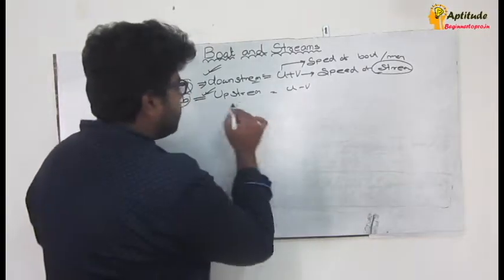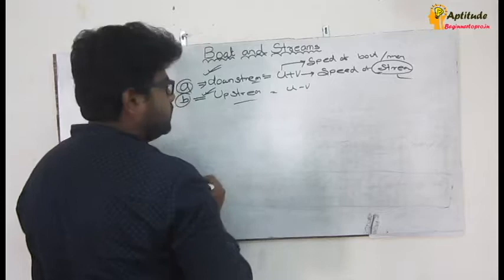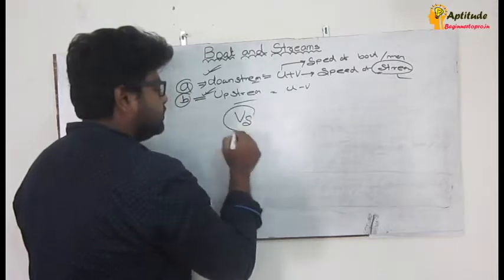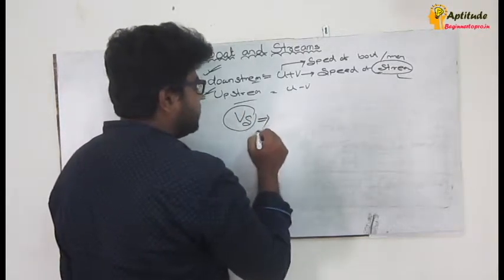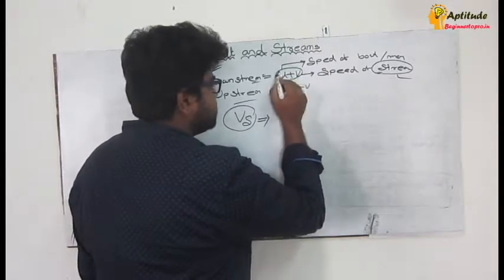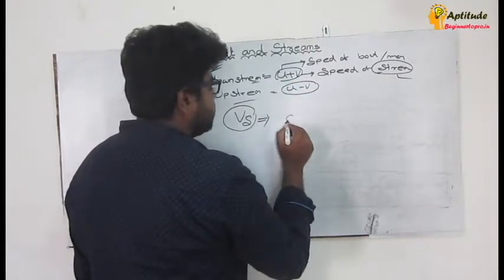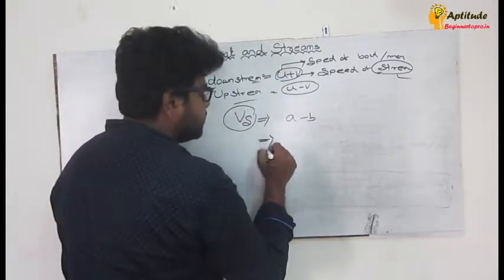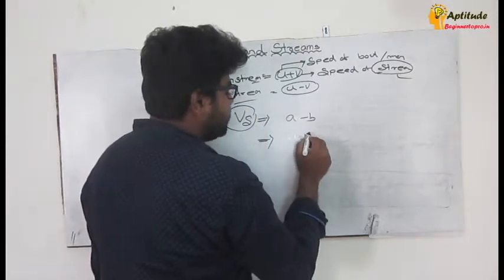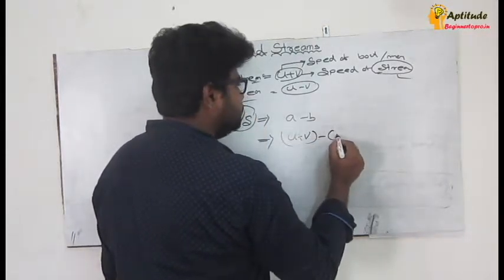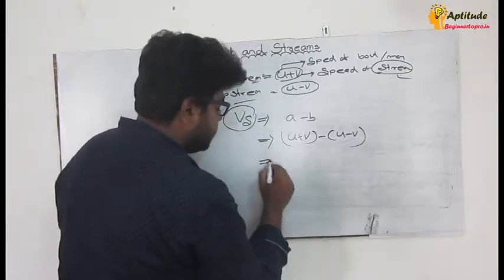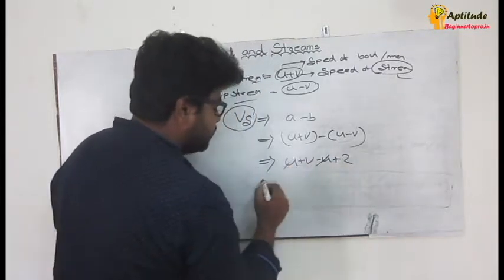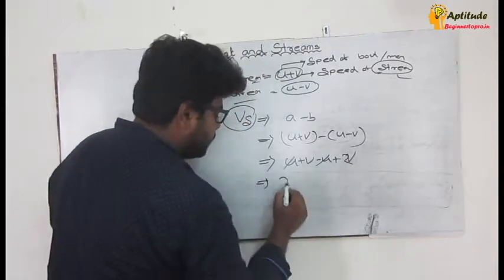We have downstream and upstream, and we have to find the speed of the stream. So let v be the speed of the stream. Subtract upstream from downstream, A minus B. Here we have taken the downstream as A and upstream as B. Then we can also write it as (u plus v) minus (u minus v), which is u plus v minus u plus v. u cancels out, and we have 2v.